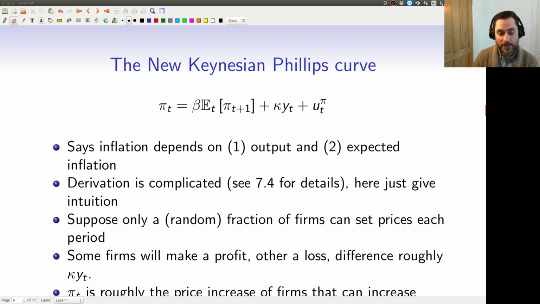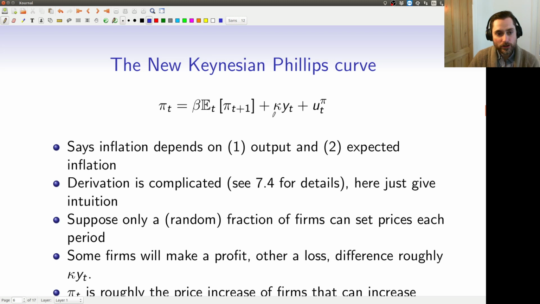And if output today is low relative to steady state, they're going to want to lower their prices a lot if it's a big shock. That's what's behind this kappa y_t term. So the larger the deviation of output from its steady state level, the larger the inflation. In other words, the amount that firms today would like to raise their prices is the amount the prices go up.